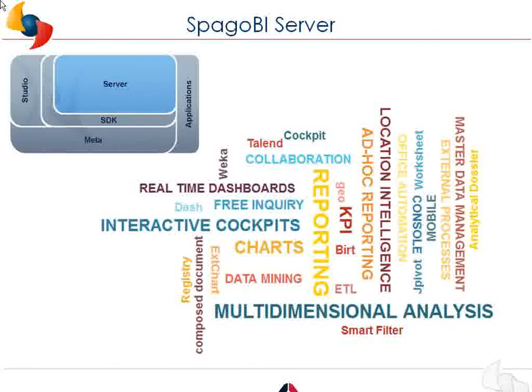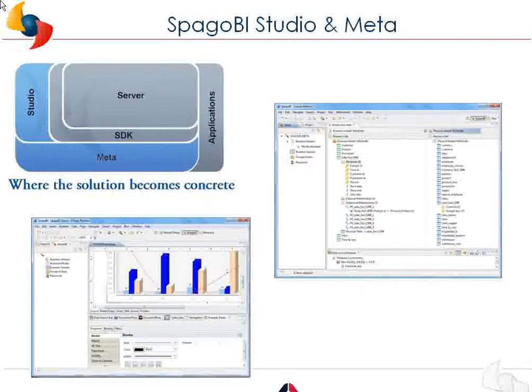The SpagoBI server includes all the SpagoBI functionality. It is delivered as a set of web applications, so it only requires a browser in order to access the functionalities. And in the server we can find all the reporting, dashboards, multidimensional analysis, charts, and so on.